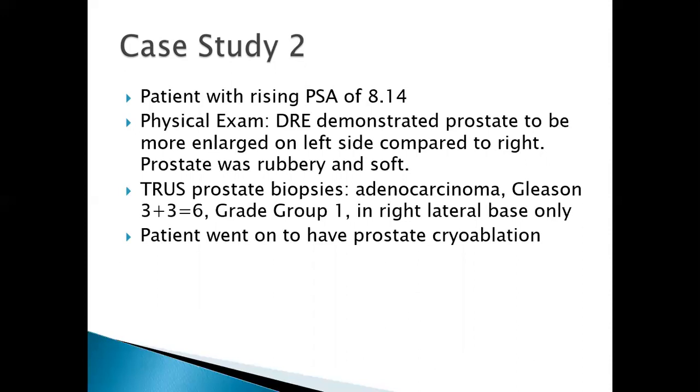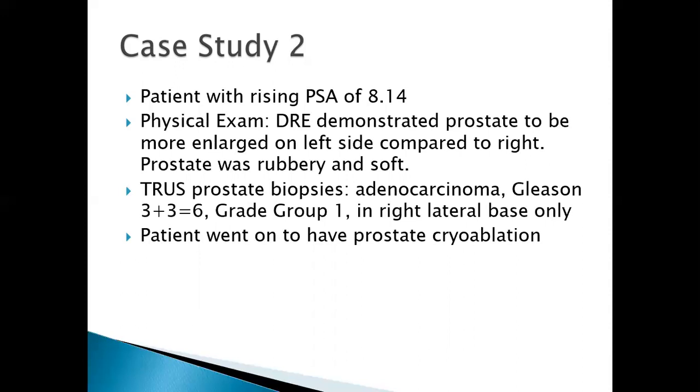Now, what we have to keep in mind is what abnormalities indicate cancer. One side more enlarged than the other side does not indicate cancer. A prostate that's rubbery and soft does not indicate cancer.